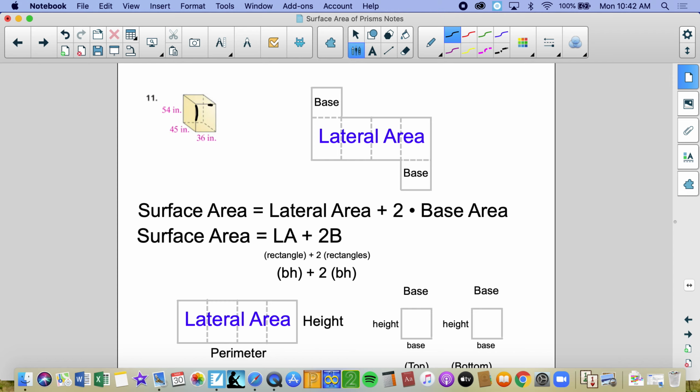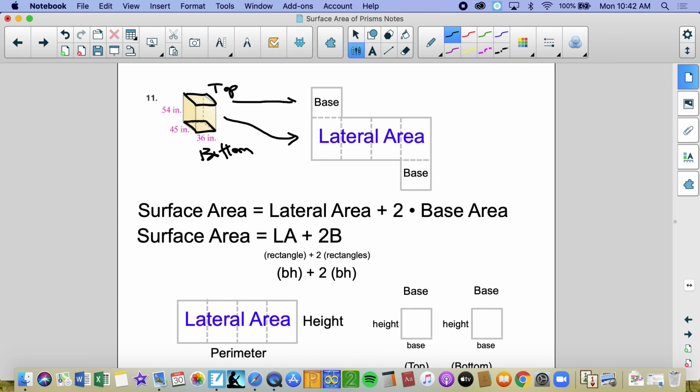So that would be this part. It would go around the object. So this would be the waist of it, yes? And then the top and the bottom would be the bases. So in this example, the top and the bottom would be the bases.